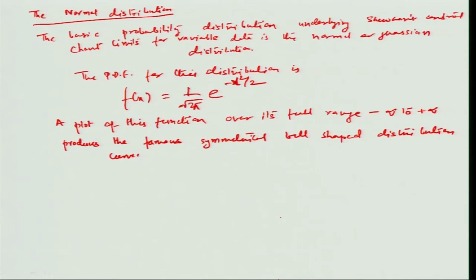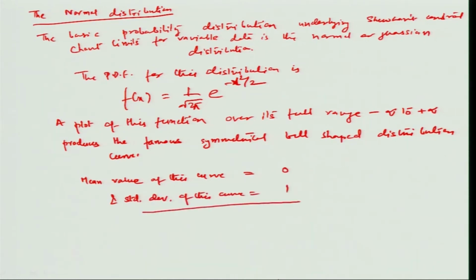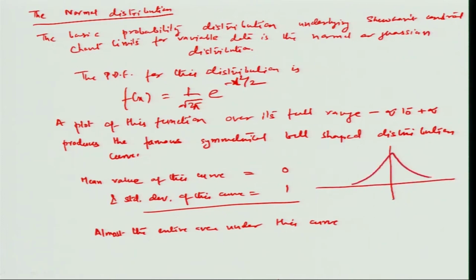So, given this initial input that the mean value of this curve is 0 and standard deviation of this curve equals 1, almost the entire area under this curve, as indicated here, this is mean around 0 and there is a standard deviation associated with this curve, lies in a range minus 3 and plus 3.